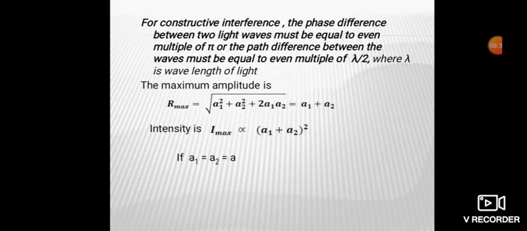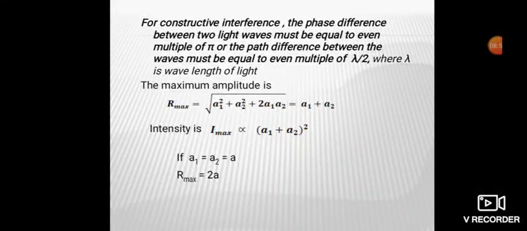Now we can consider if A1 is equal to A2 is equal to A, that is, both the amplitudes are the same. Then the maximum amplitude R maximum is given by A1 plus A2.